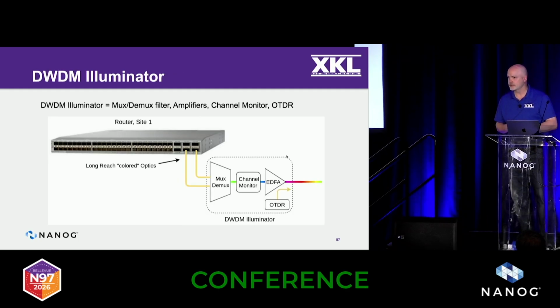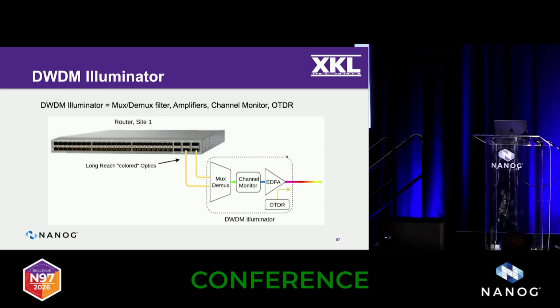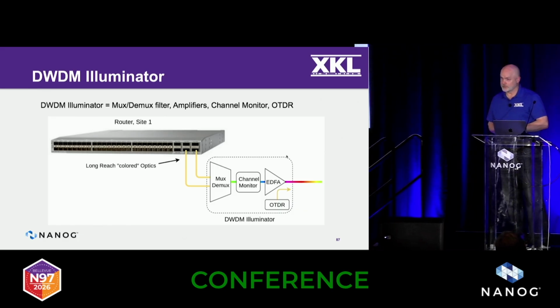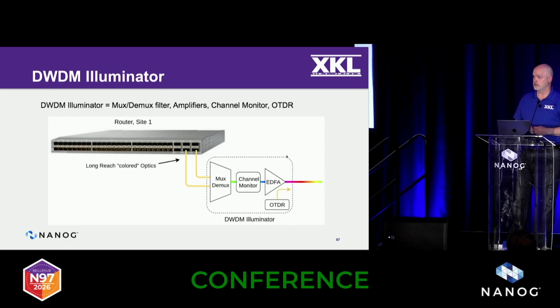You need a mux demux, whatever technology, thin film, AWG, or WSS. You probably want some optical channel monitoring. So you got all these different routers from different vendors even, and now what are the power levels for the different transceivers? Has it been tuned correctly? Is it red? I told it to be red. Is it red? You can check that with the channel monitor.